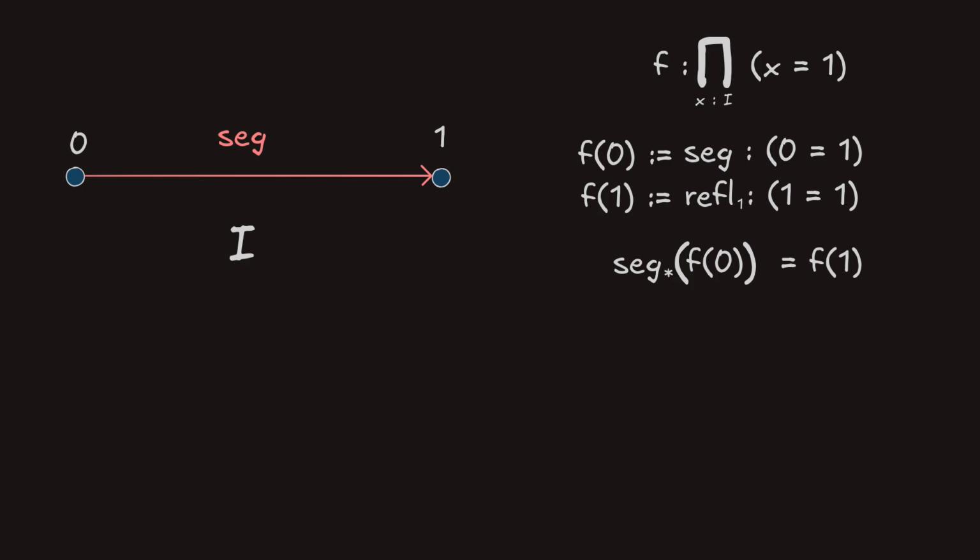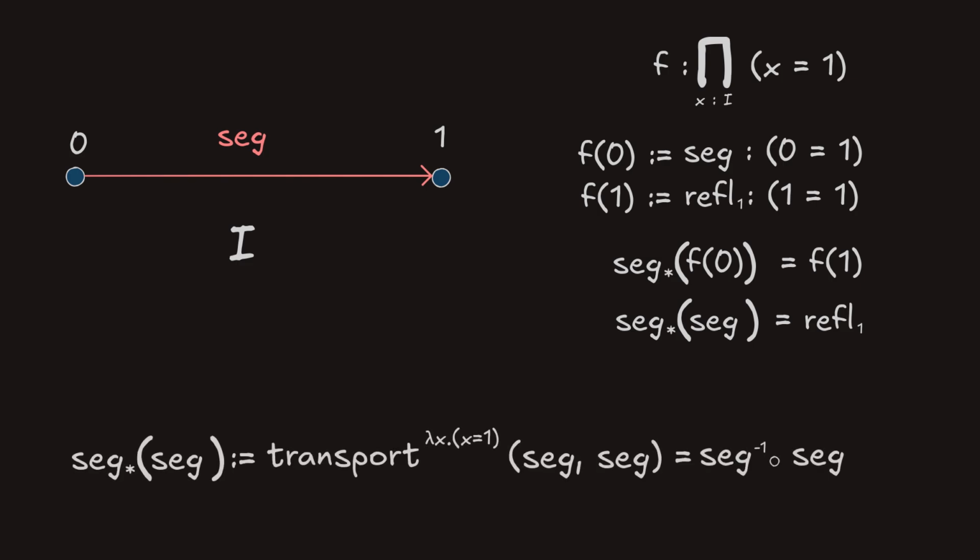In other words, we need to find a path from seg star seg to refill 1. And we can do so using one of the transport theorems from earlier.